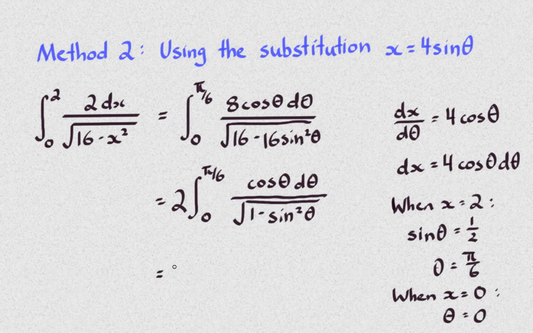And the square root of cos squared is cos. But cos divided by cos, that's just 1. And so our integral simplifies nicely to being the integral of 1.